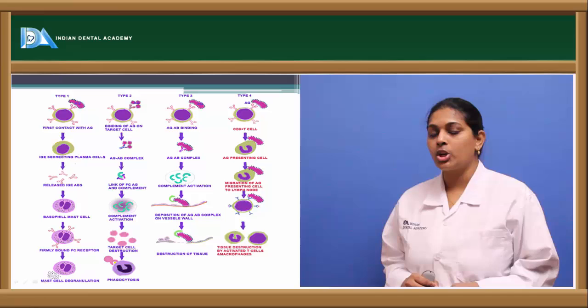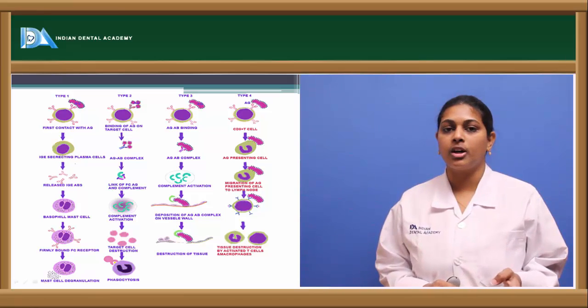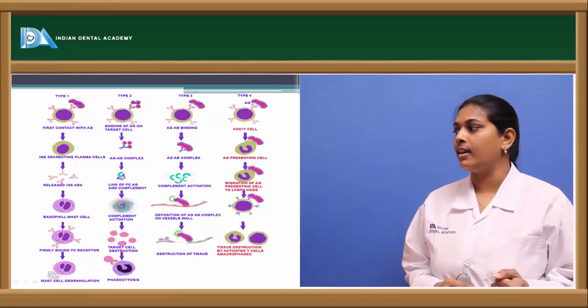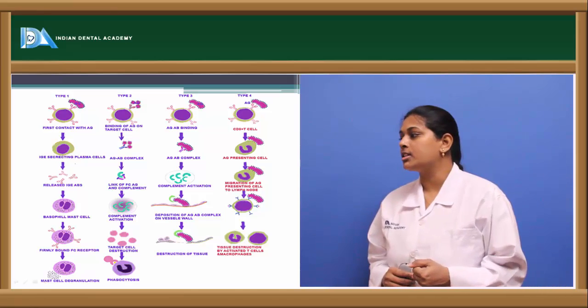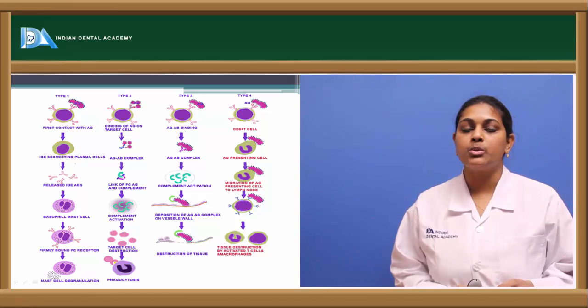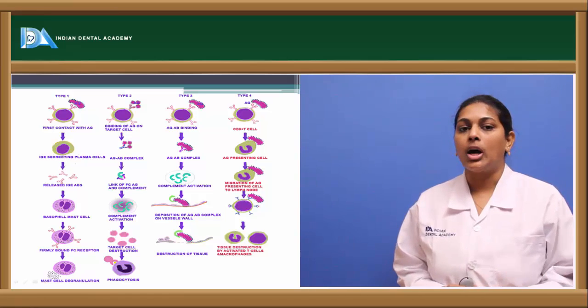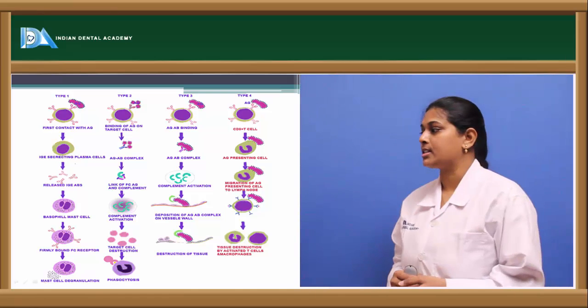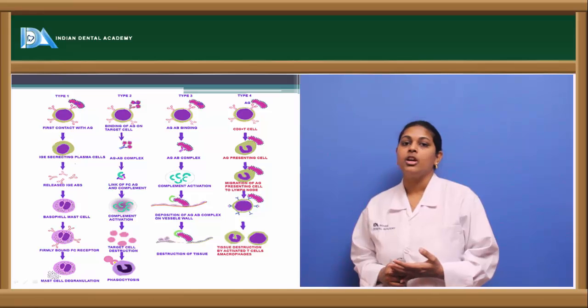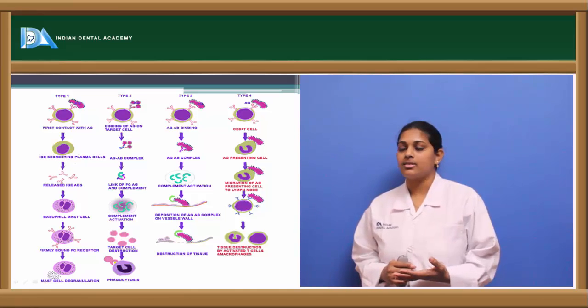Once there's exposure or contact with the specific antigen, this causes the activation of the IgE immunoglobulins, which act as receptors, and they cause the activation of the intracellular mechanism. Once the antigen binds to the antibody, they start releasing the mediators from the cells.